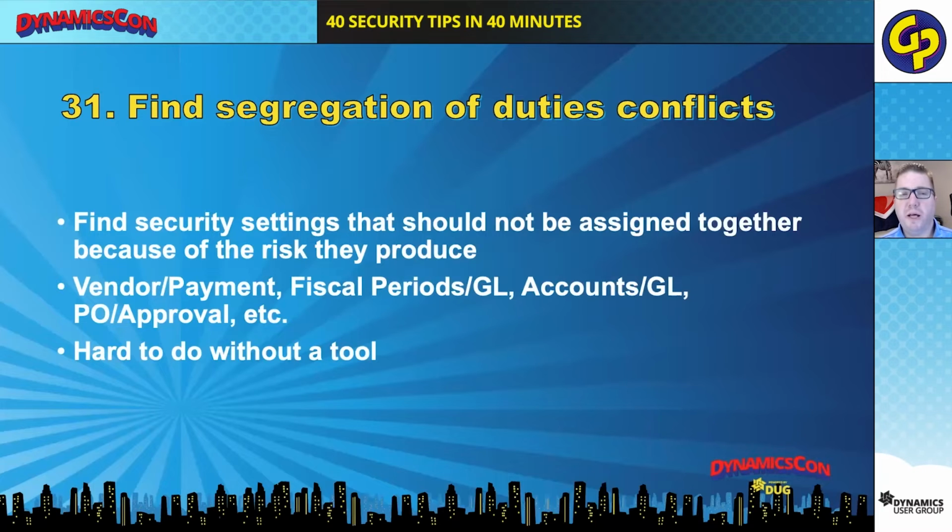The basic stuff like those, really easy to find, the top 8 or 10, pretty straightforward, but this is hard to do without a tool. There are a lot of lists of segregation of duties out there. They come from accounting firms and other places, but none of them go down to the nitty-gritty level of an accounting system.